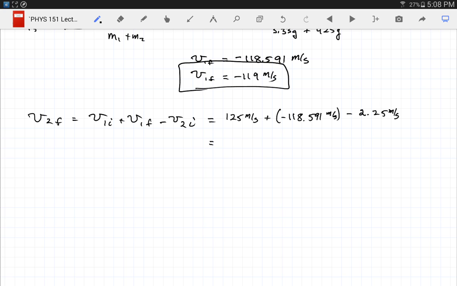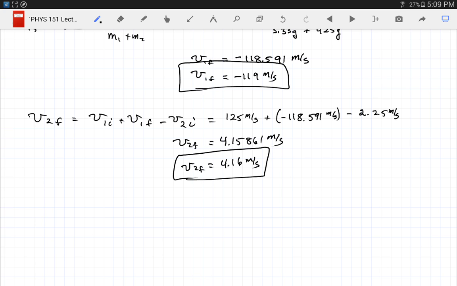And that's equal to, and once again I have to calculate this, 4.15861 meters per second. 4.16 meters per second to my three significant digits.